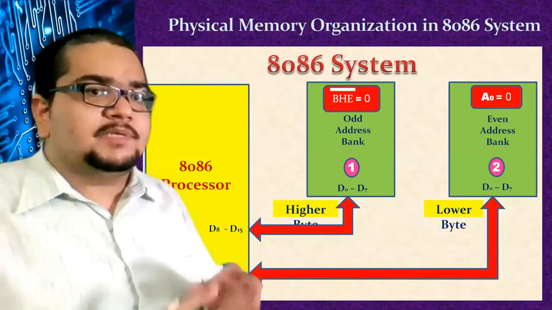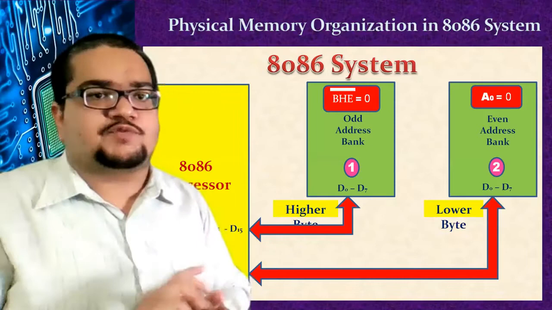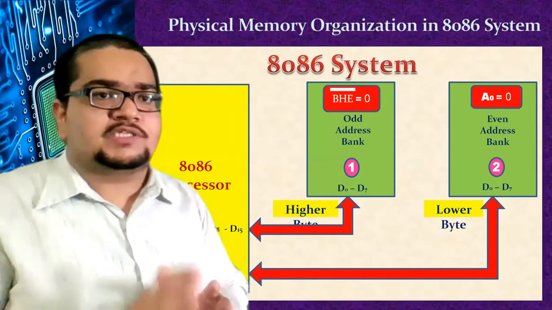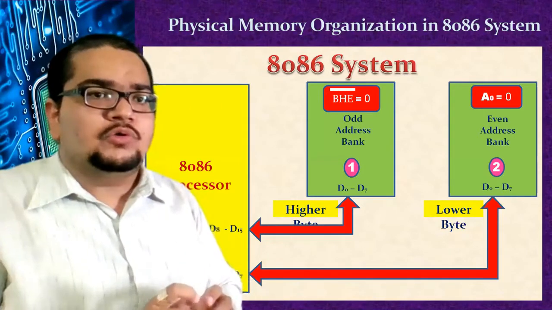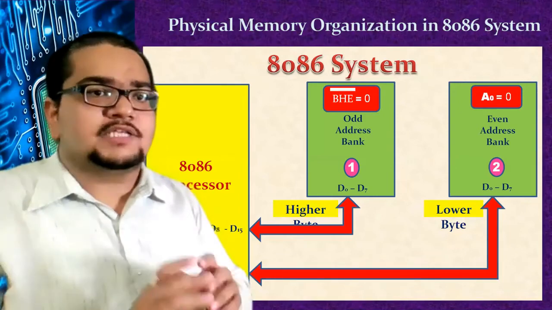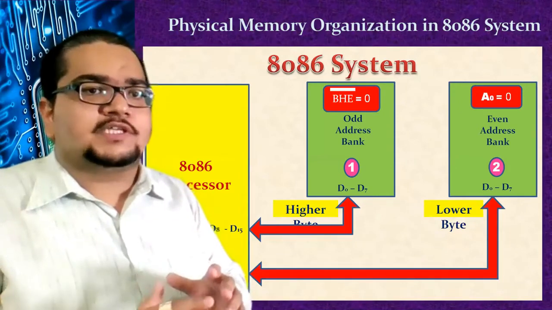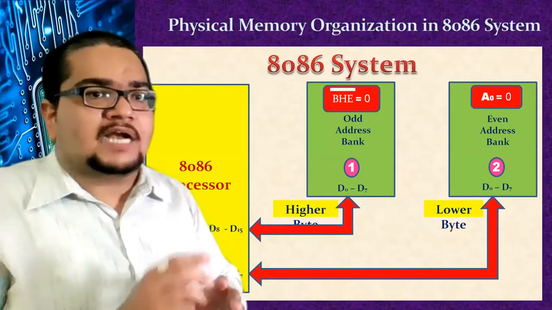So our 45 will be stored in the lowest location, address 00000 hexadecimal, and 12, the higher byte of our data, is stored in the next location. After location 0, the next location is 1. So that will be stored there.